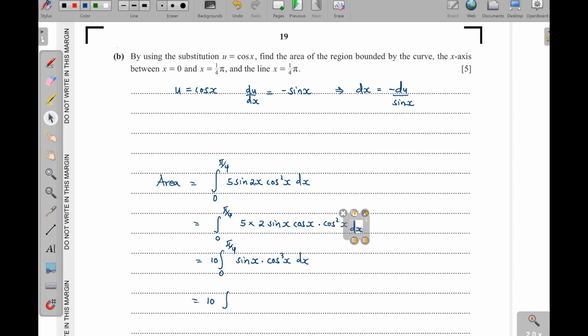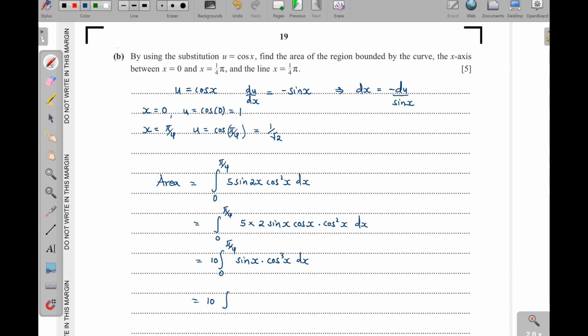Let me bring it back here. Then we shall have, if x is equal to 0, then u is going to be cosine of 0, which gives us a 1. And then if x is equal to pi over 4, then u is going to be cos of pi over 4, which is 1 over root 2. Okay, or root 2 over 2, 1 over root 2.